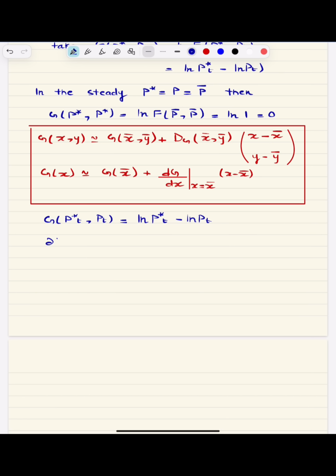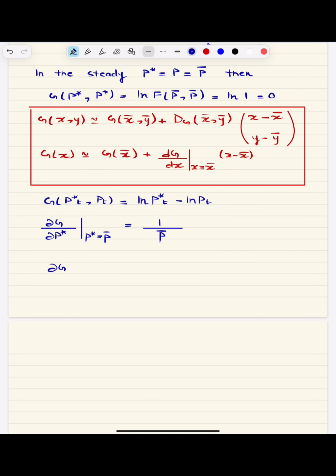So the derivative of g with respect to P star, when P star takes the steady state value, is going to be 1 over P star, and instead of P star we substitute the steady state value. Similarly, the derivative of g with respect to P, when PT takes the steady state value P bar, is again minus 1 over PT, where PT takes value P bar.